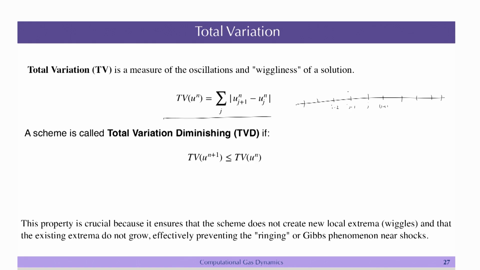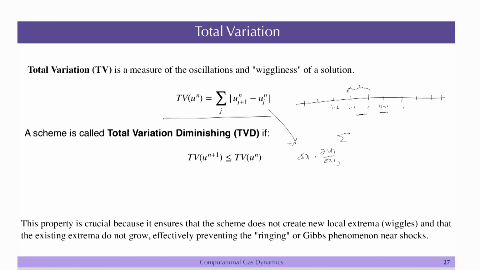You take the difference at every single stencil, basically u j plus 1 minus u j, u j plus 2 minus u j plus 1, and so on, take the absolute value of each, and take the summation of that. That gives you the total variation. The continuous form of this is basically delta x times del u by del x.